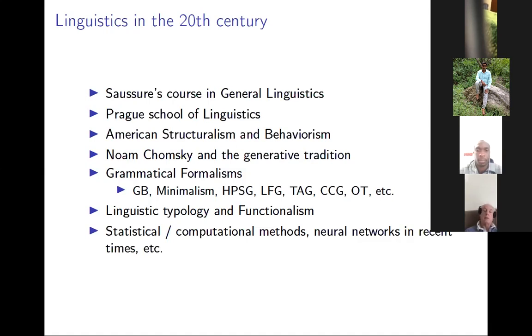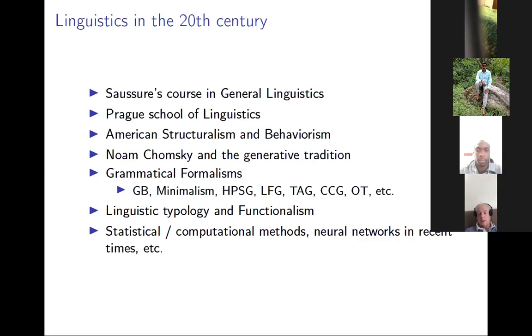There was also the Prague School of Linguistics, which was a highly influential school of linguistics. And you had American structuralism and behaviorism, which lasted almost 3-4 decades, from the 1930s way up to around 1960. This was very, very popular.